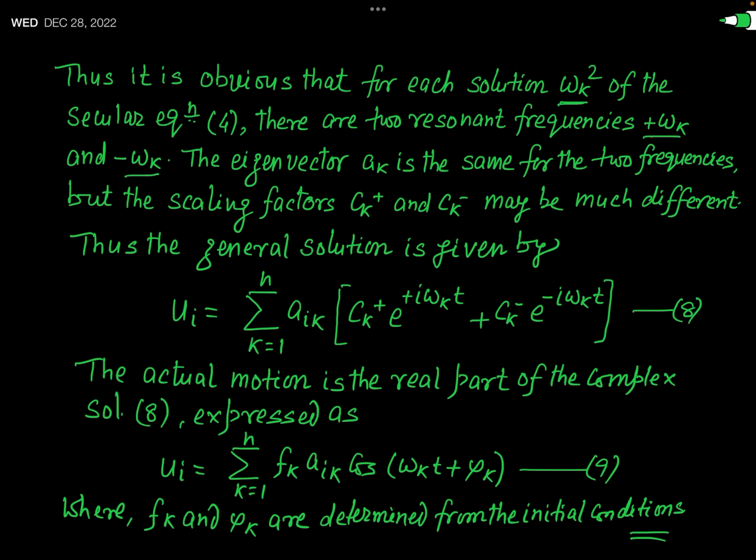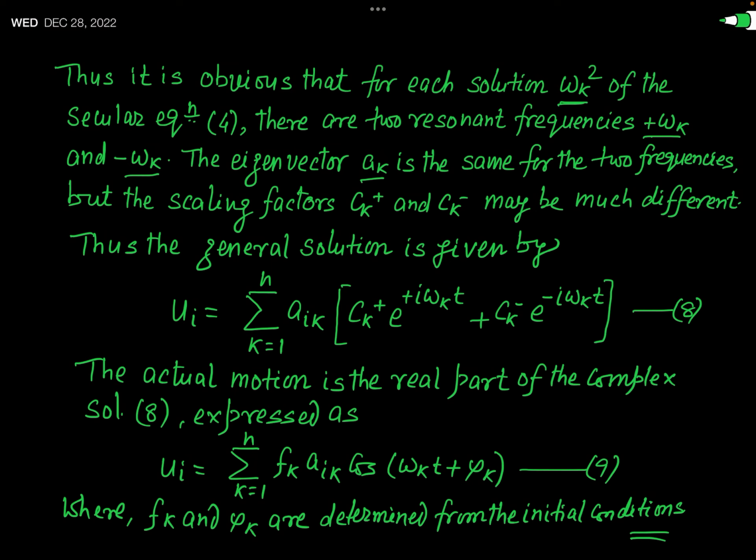The eigenvector a_k will have the same values for the two frequencies, but the scale factors for plus omega_k and minus omega_k may be very different.